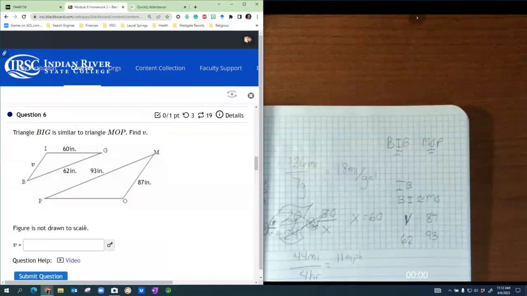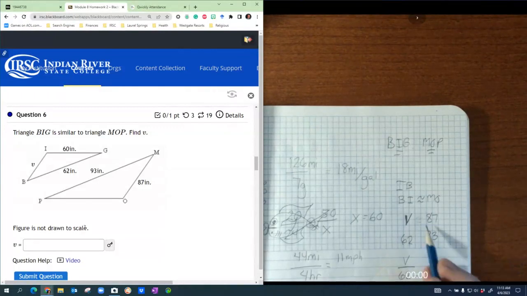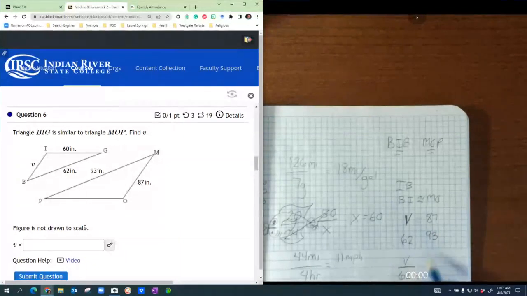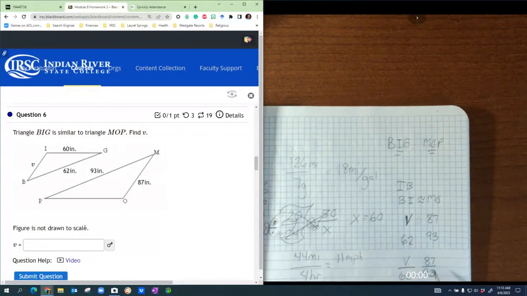Now, I think that's the hardest part of this, because now that I have these three pieces of information, I'm just going to put V over 62 because they're corresponding to the same exact triangle, or I could have put V over 87, but I'm going to keep it like this, and then I'm going to put 87 over 93 because these are all the corresponding parts.